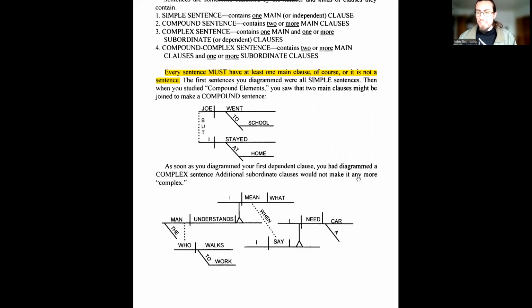An additional subordinate clause would not make it any more complex. Okay, right? So here, the man who walks to work understands. So right, we have the main clause. The man understands. This is the main clause. Who walks to work would be the adjective clause.